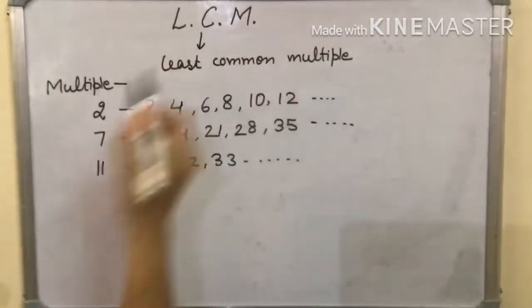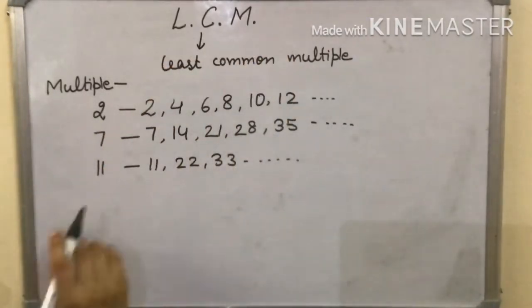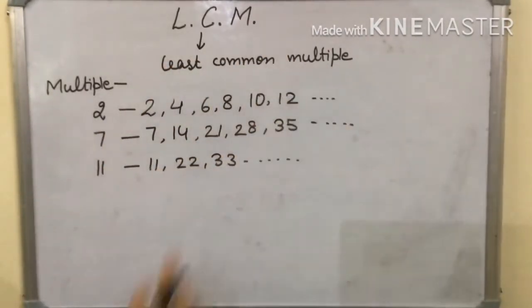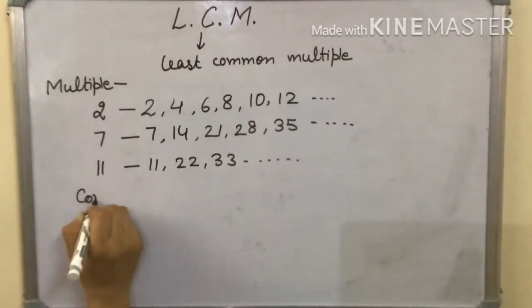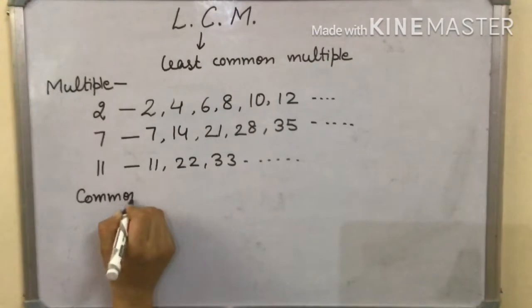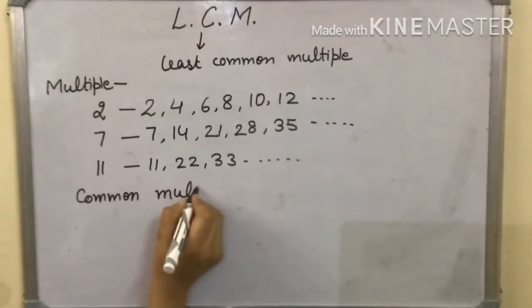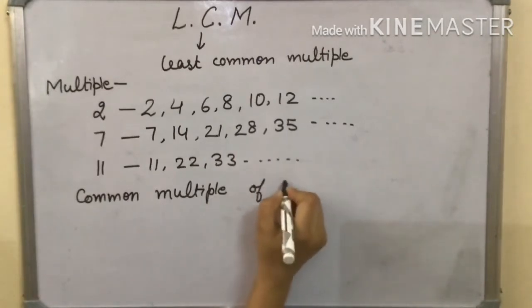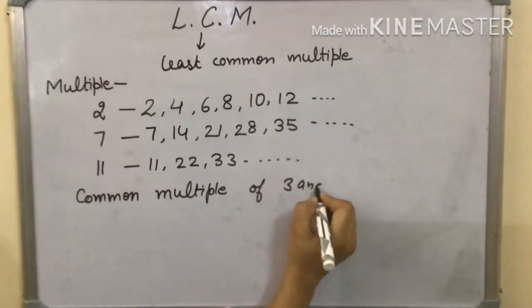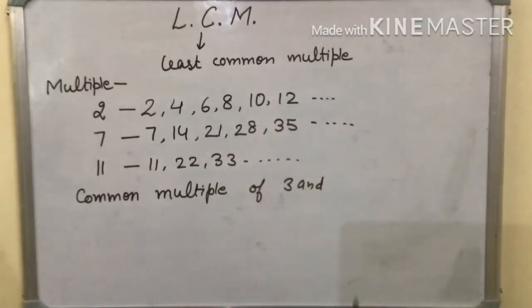अगर हम LCM की बात करते हैं, then first of all we find the common multiples. Suppose we have to find common multiples of 3 and 4.